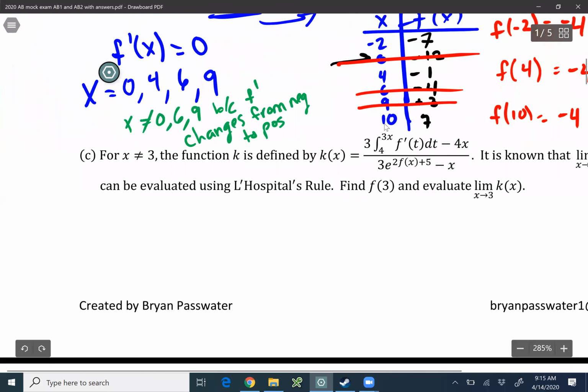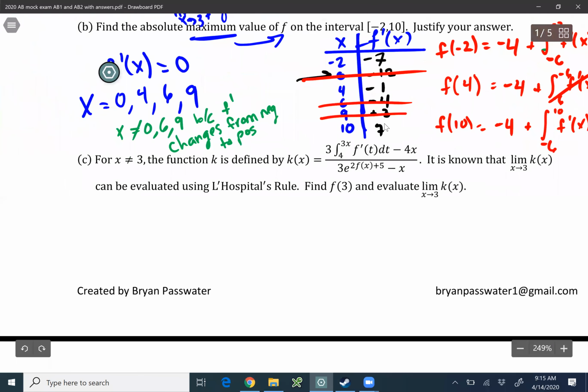Part C is definitely weird. And I like part C a lot and I don't like part C a lot. And it's because there's kind of a weird thing about it. So it says for x not equal to 3, the function k is defined by k of x equals 3 times the integral from 4 to 3x of f prime of t dt minus 4x, all over 3e to the 2 f of x plus 5 minus x.